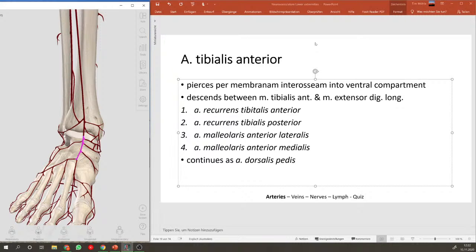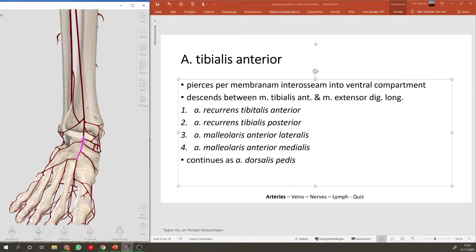Alright, so the dorsal artery of the foot will give off medial and lateral tarsal arteries. So in fact 2 to 3 medial tarsal arteries, which will supply, of course, the tarsals as the name says, and one lateral one, which runs laterally and distally, so it will be this one.